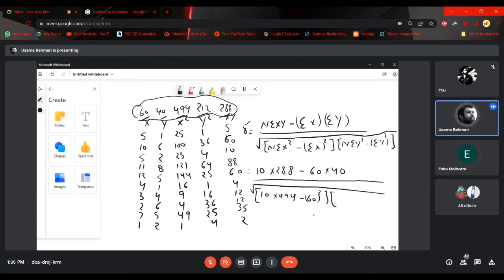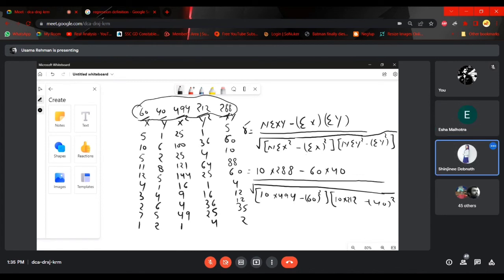Then we have 10 into 212 minus 40 का whole square. अच्छा, ये n का वैल्यू कहाँ से निकला? n काउंट करिए कितने लोग हैं हमारे पास. 1, 2, 3, 4, 5, 6, 7, 8, 9, 10.